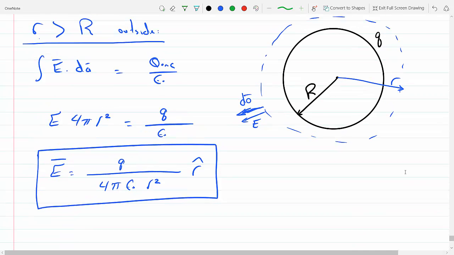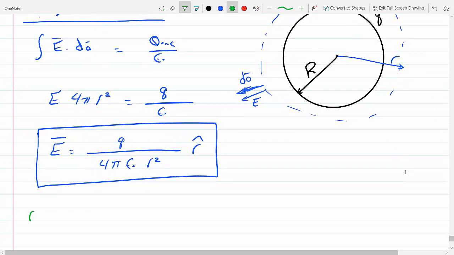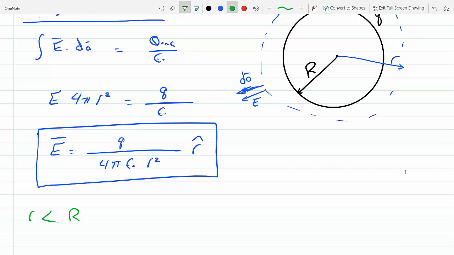Inside the sphere, that's r less than R. So I will take a Gaussian surface inside the sphere with the radius r. So the integral of E dA equals Q enclosed over epsilon.